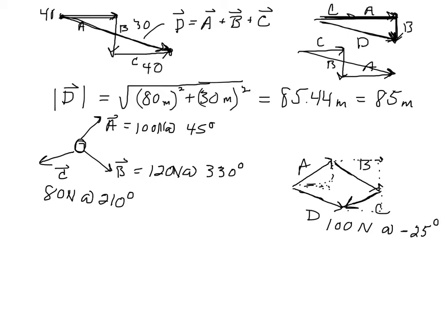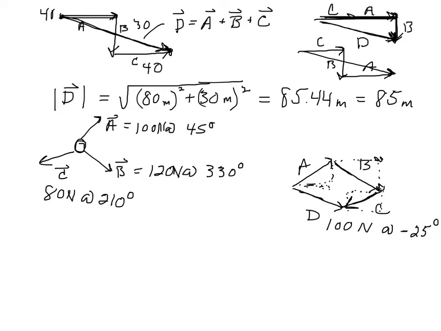CX, CY. So A has a positive X component, a positive Y component. B has a positive X component and a negative Y component. And C has, well, I should have done the X component first, a negative X component and a negative Y component. I'm going kind of fast, but... And then we add those vectors by adding all the components.